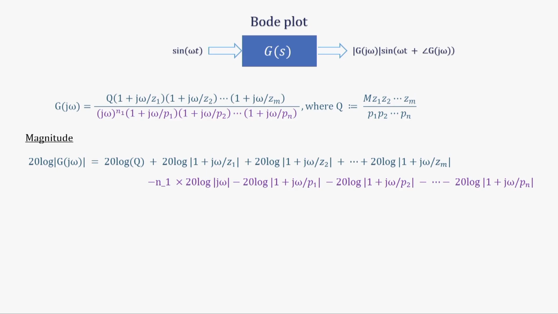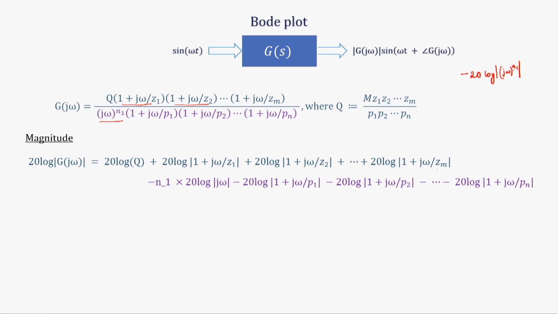It is nothing but 20 log q plus 20 log of the magnitude of 1 plus j omega by z1, similarly plus 20 log of 1 plus j omega by z2 and so on. And in the denominator term we have j omega, so 20 log of mod of j omega, the whole to the power of n1, and since it is in the numerator it will go up. So, we will have a negative number there.